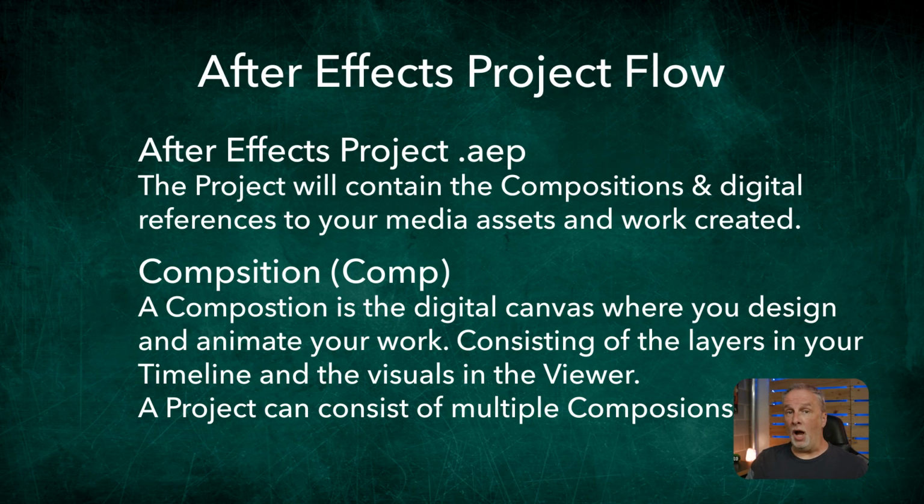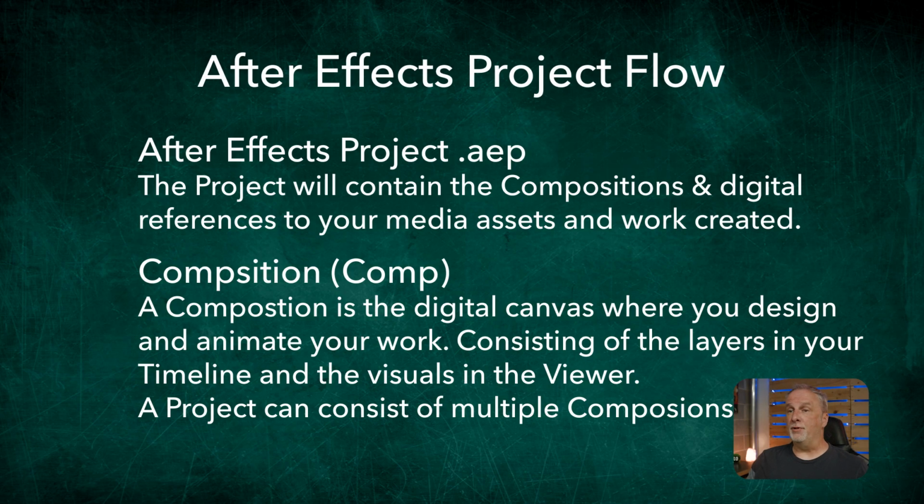Once you're in your project and you start creating, you're going to create compositions. And this is the meat of where you will do your work, in a composition. And oftentimes that composition is made up of the timeline and the viewer. In the timeline, you will see layers for each asset that you put into the viewer.